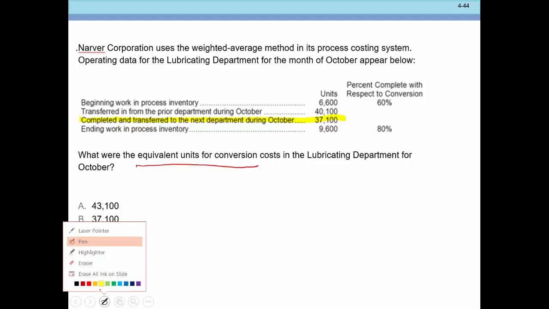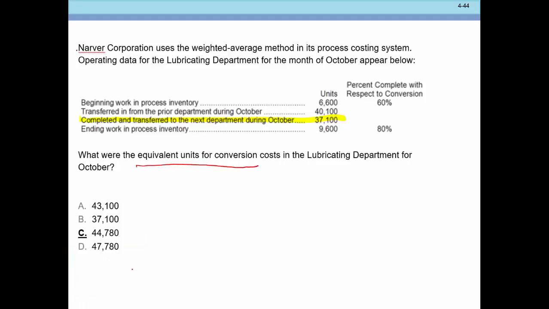So that's 37,100? Good. Now what do you want me to do? 9,600 times the 0.8. Good.